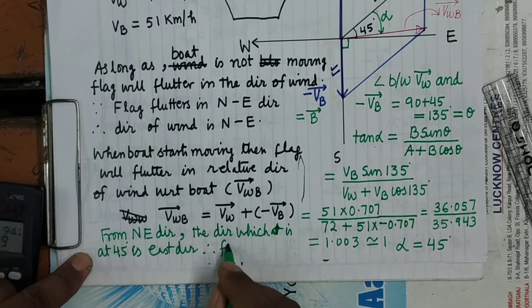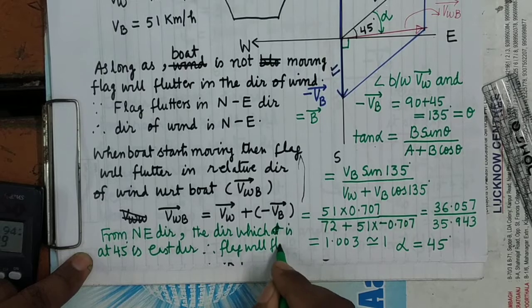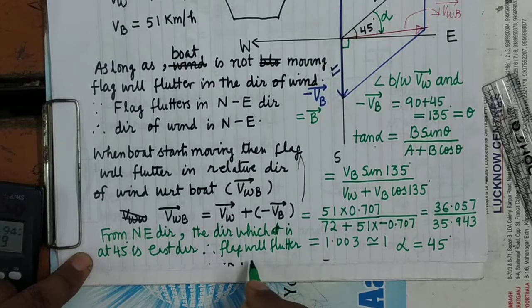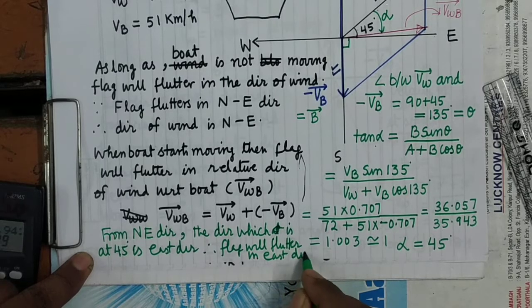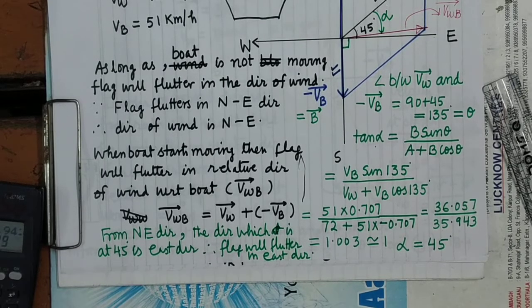Therefore flag will flutter in east direction. It is clear? When the boat will move, then flag will flutter in the east direction.